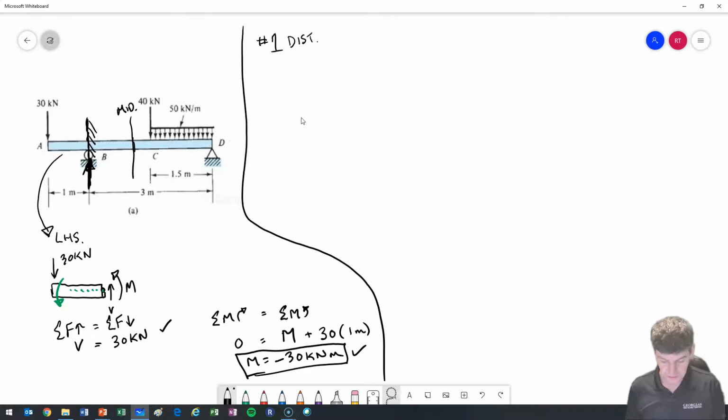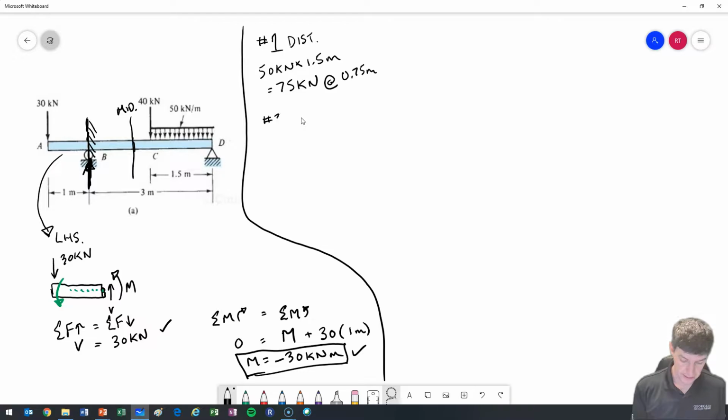So that's where I'm always going to start these problems. So 50 kilonewtons times 1.5 meters is going to be equal to 75 kilonewtons, and that would be at, I guess, 0.75 meters from either C or D.